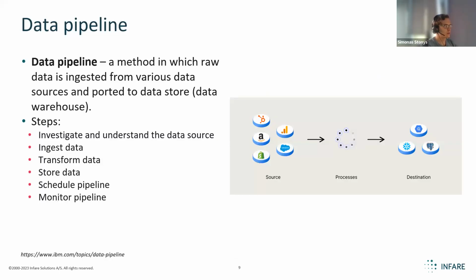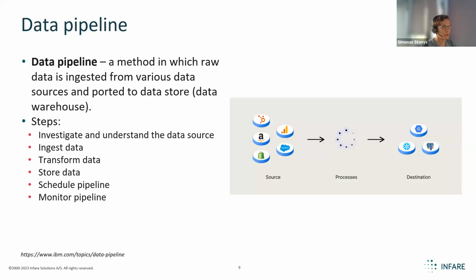So how does the data come to the data warehouse? Usually by data pipelines. A data pipeline is a method in which we get the raw data and ingest it from different kinds of data sources.